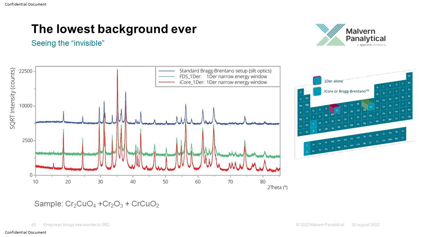But with our system, which has the multi-core optics and the energy dispersive detector, you get very low background. So the peaks that you don't see here, you can see here for the minor phases. If there are some small phase transformations happening because of the charge-discharge cycling, and small phases are appearing, with this optics you are able to see those small phases.